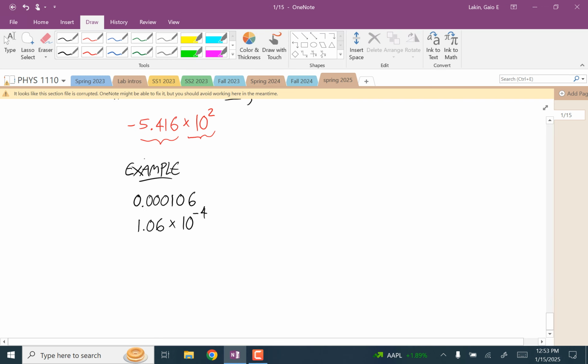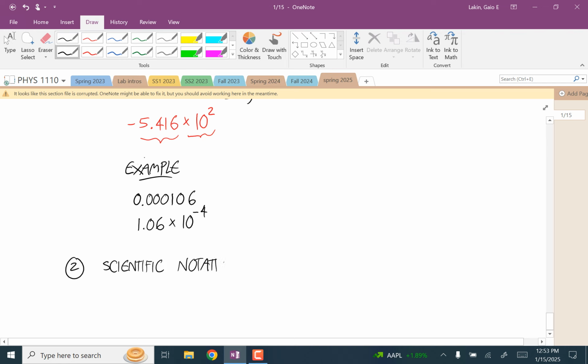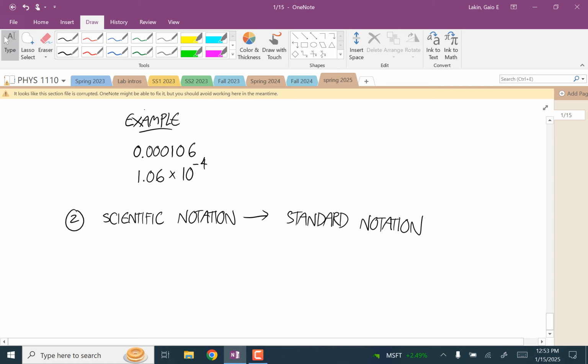Okay, the other skill we need is to be able to go from scientific notation to standard notation. And the example I'm going to use here is 6.52 times 10 to the minus 4th.